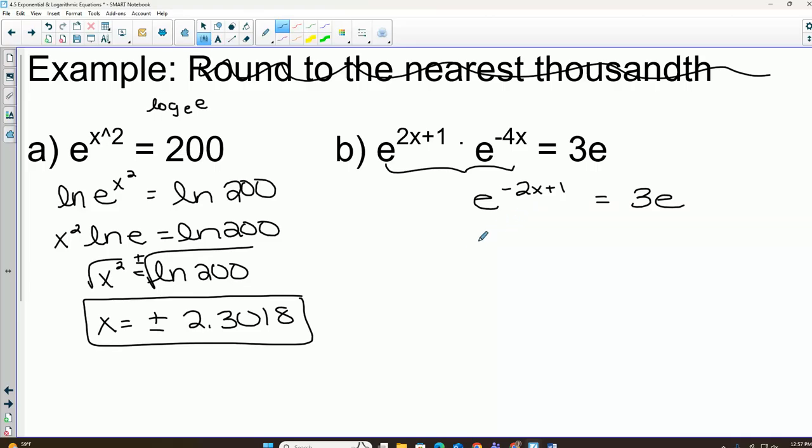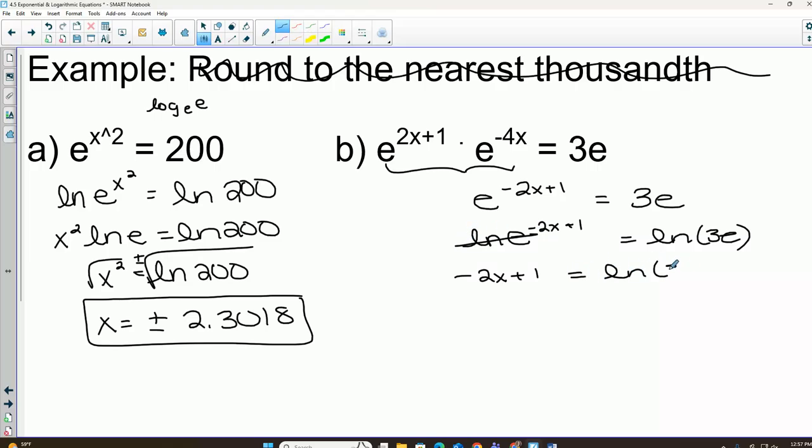Now what would we do? Add a log. You can do log base 10, or if you want, you can do natural log. Over here, it's the natural log of this entire side, 3e. The exponent comes down. If you catch it, natural log and e cancel each other. It just turns into 1.